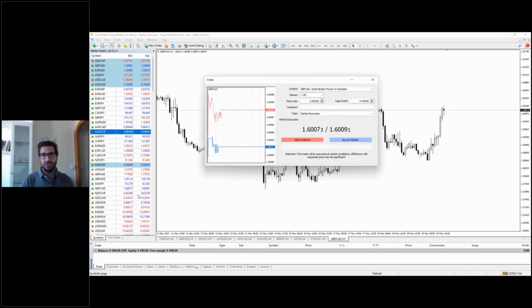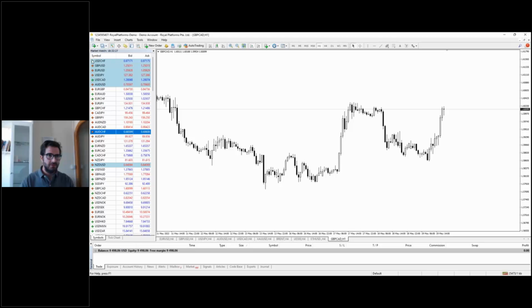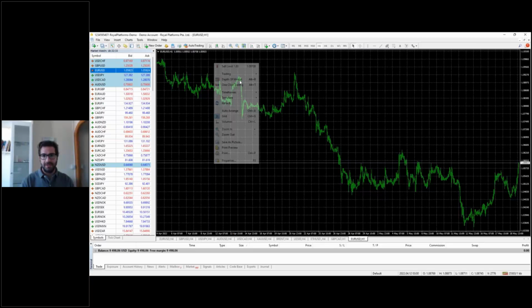Here we're using one volume. As I said, one volume means 100,000 GBP CAD. Let me give you a more simplified example on the Euro USD, because GBP CAD is a cross pair.